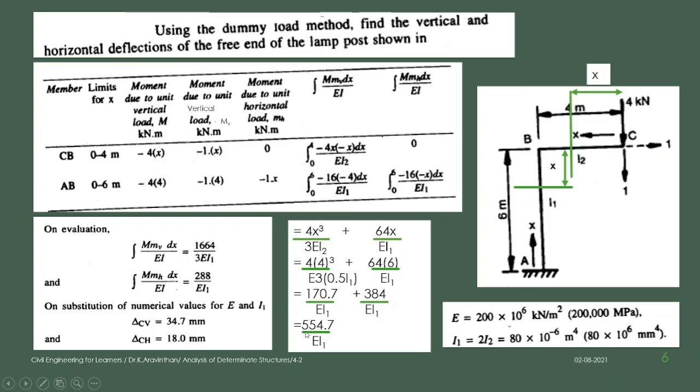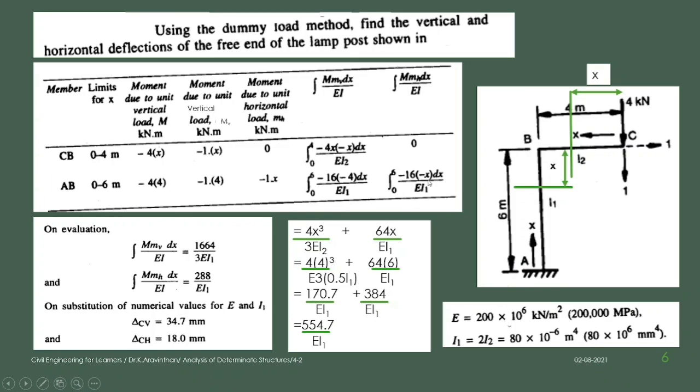If you add that, you will be getting 554.7 divided by EI1. We know that E is 200 into 10 power 6 and I1 is 80 into 10 power minus 6. You can substitute these terms and you will be getting the deflection of 34.7 mm.